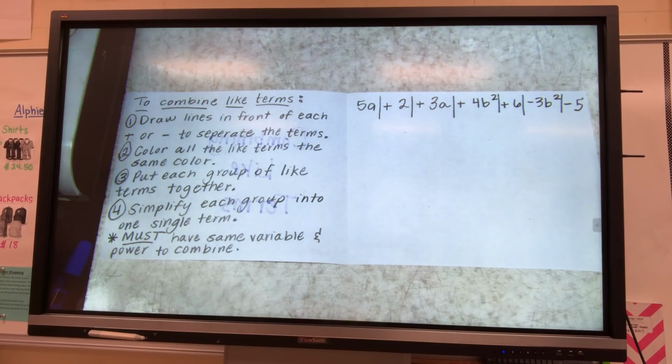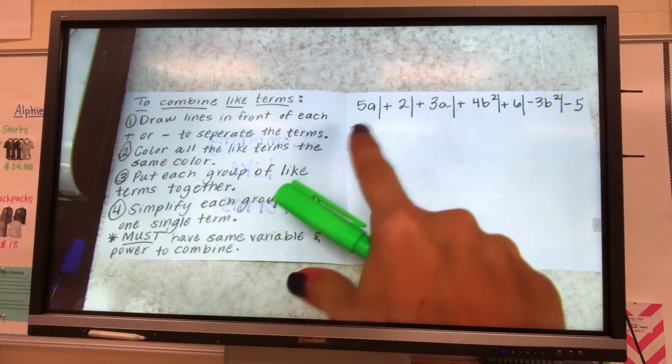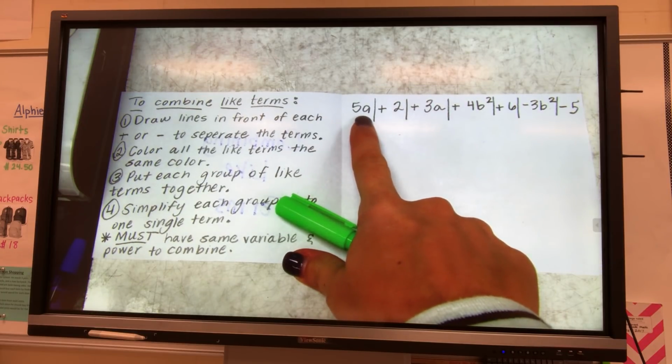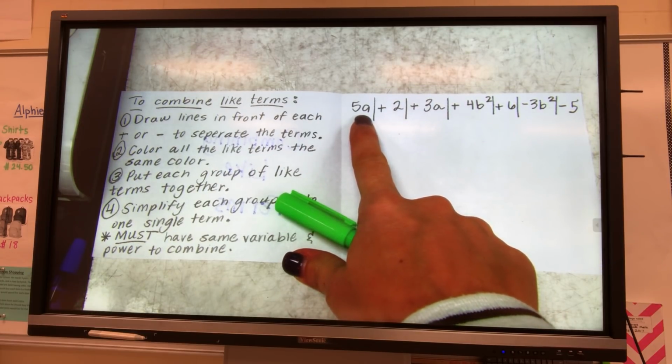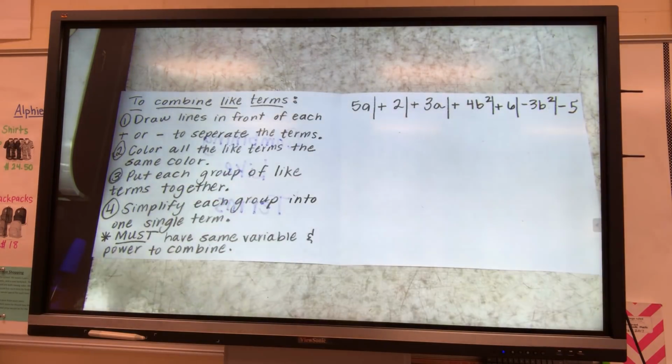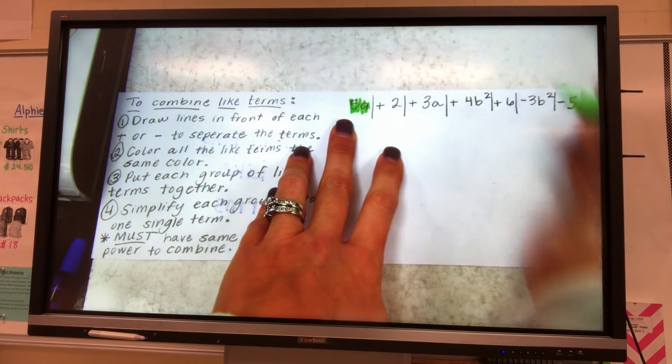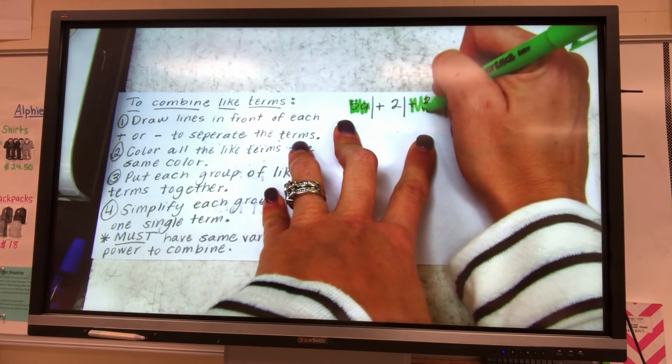Now, with your highlighter. I'm going to start with what comes first, 5a. In this problem, the a's are the last name that I'm looking for, so I'm only looking for any other term with the letter a. Well, I have 5a and a plus 3a.